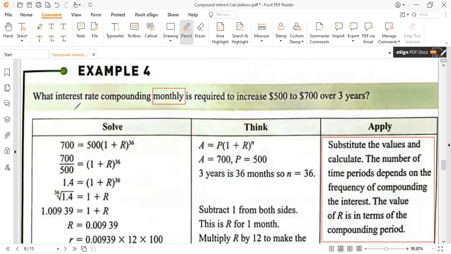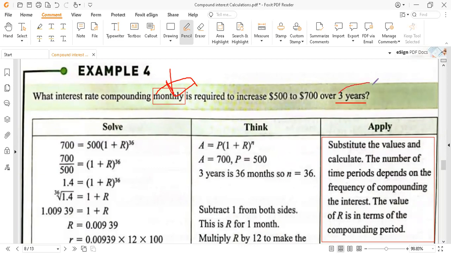But sometimes we have the same values, but the interest rate is compounded monthly, so it is a little bit different because we have monthly instead of yearly. So we should convert all the compounding periods into months.